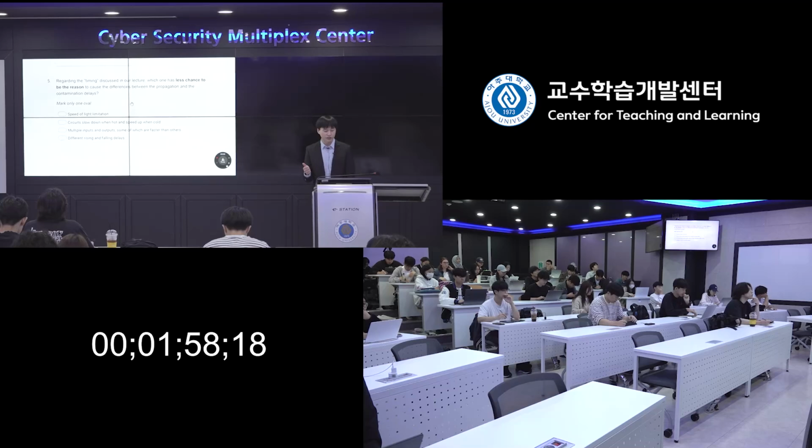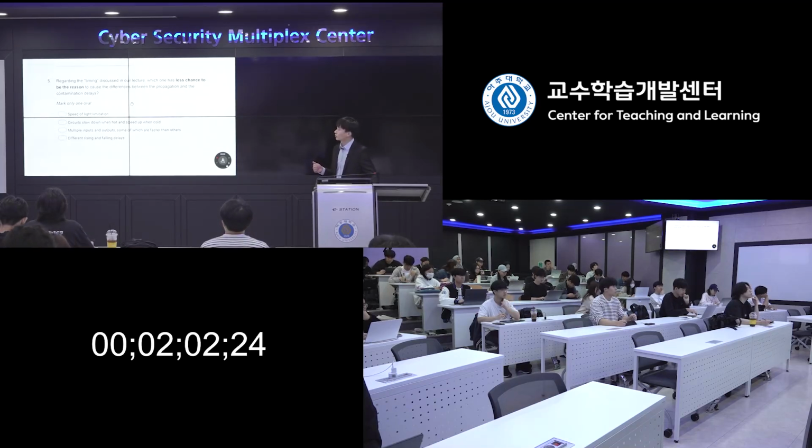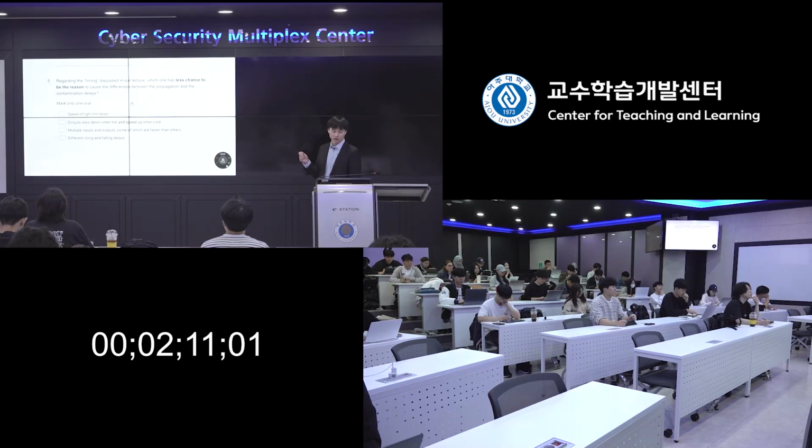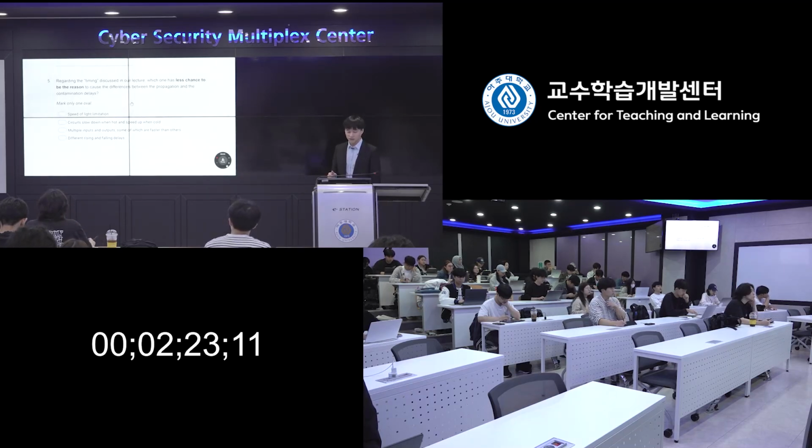The first question regarding the timing discussed in our lecture: which one has less chance to be the reason to cause the difference between the propagation and the contamination delays? The question asks you to find the reason that causes the differences between the propagation and contamination delays. The correct answer is the first one, speed of light limitation.